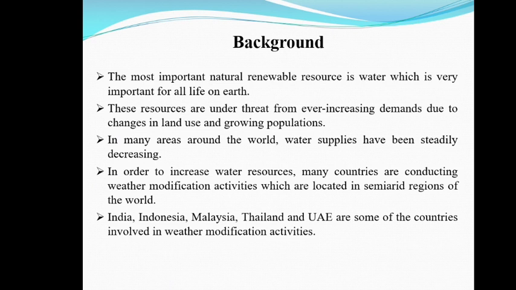It has been seen that water supplies decrease around the world, which results in deficient drinking water, agriculture, and so on. So, in order to increase water resources, many countries are conducting weather modification activities in regions of the world. India, Indonesia, Malaysia, Thailand, and the UAE are some of the countries involved in weather modification activities.